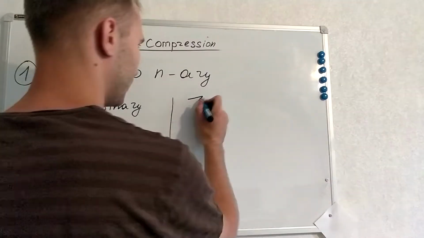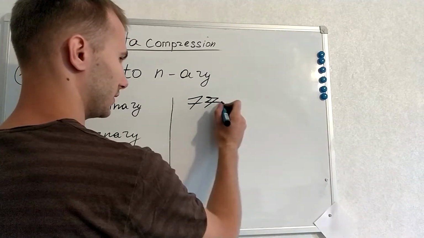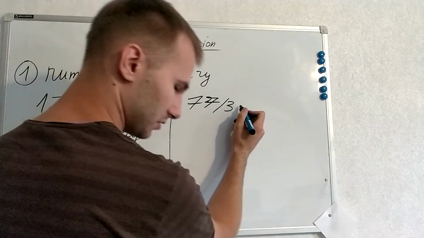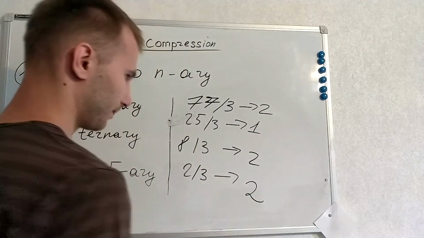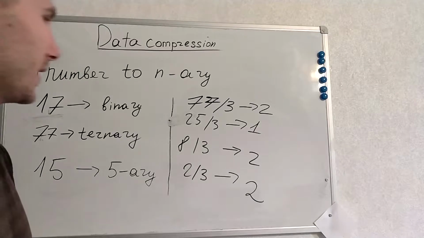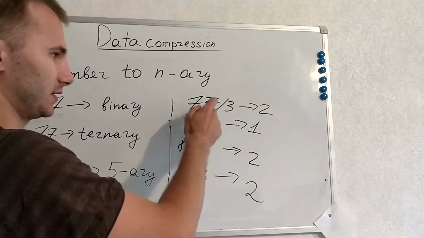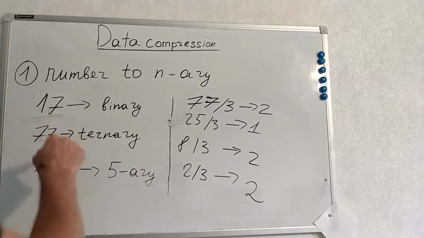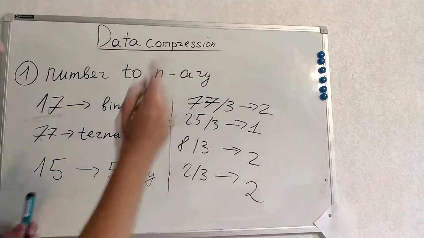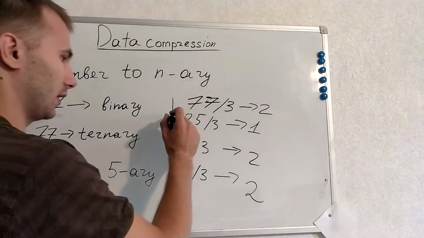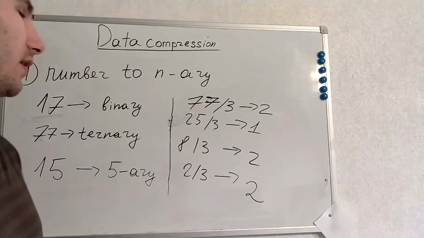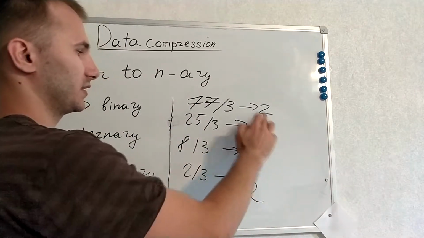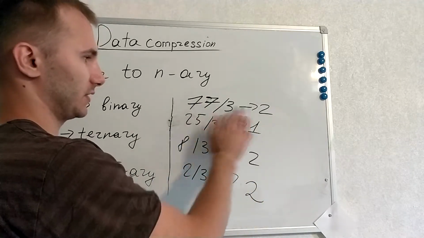Now 77 to ternary. 77 divided by 3 produces 2. We can clearly divide 77 by 3, so we divide 77 by n, as in our algorithm definition. If we do that, we produce 25 full parts and some remainder.